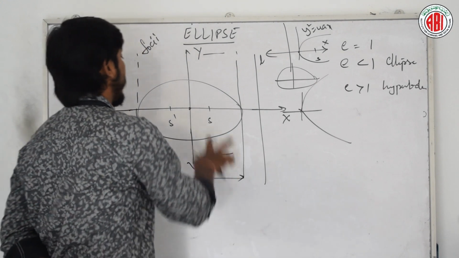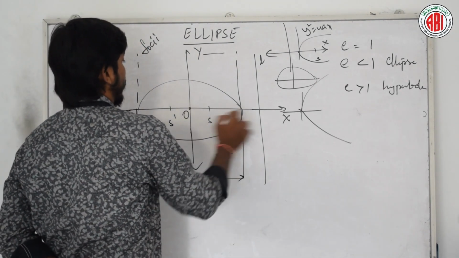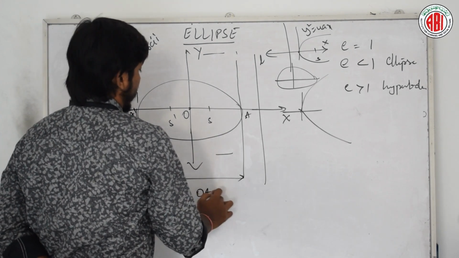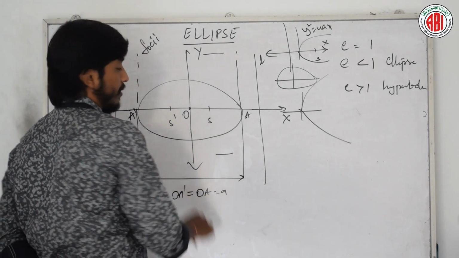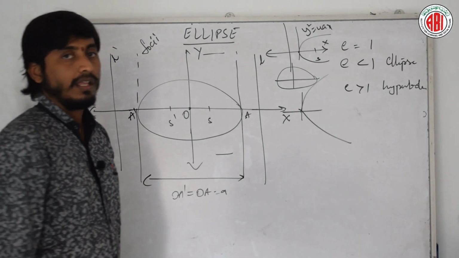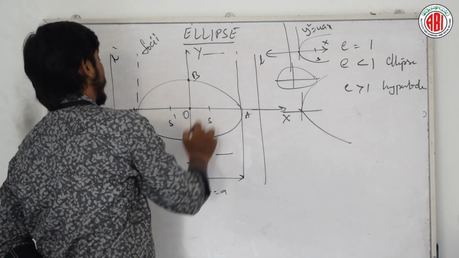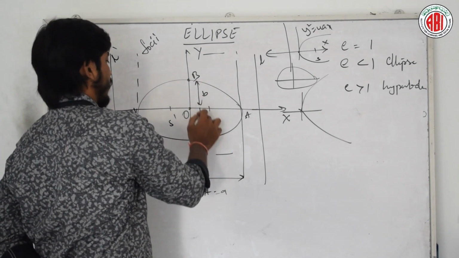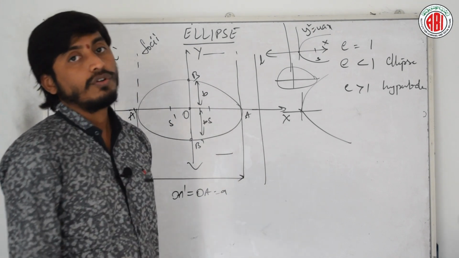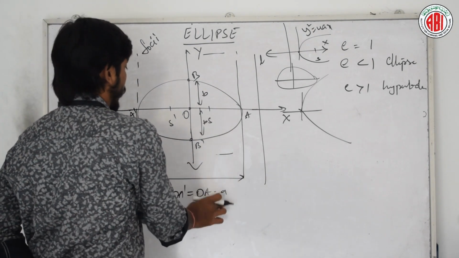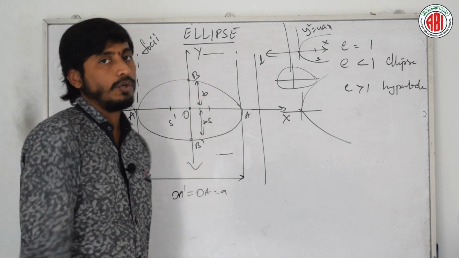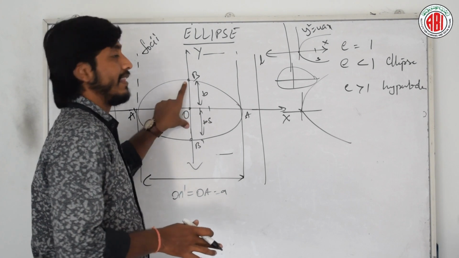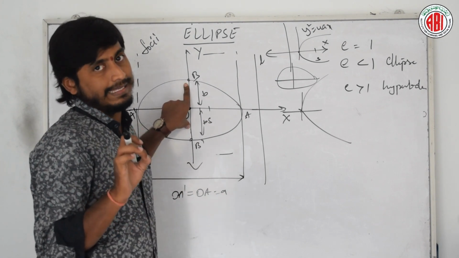Let us say from the origin to A and A dash, OA is a, similarly OA dash will also be a. Next, let us say this is B and B dash. Then this will be b and this also will obviously be b. So, the total length of the longitudinal axis will be 2a and this axis will be 2b, right? Or else simply we can call this the major axis and this the minor axis.